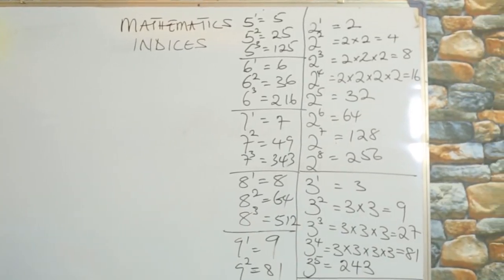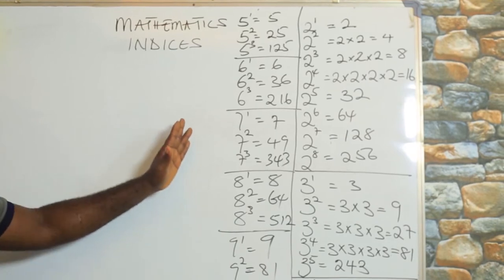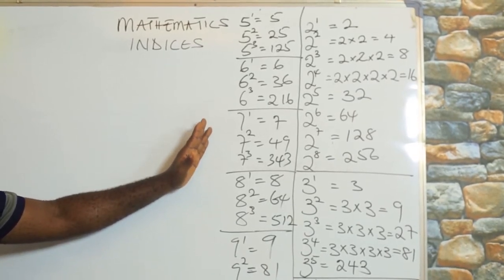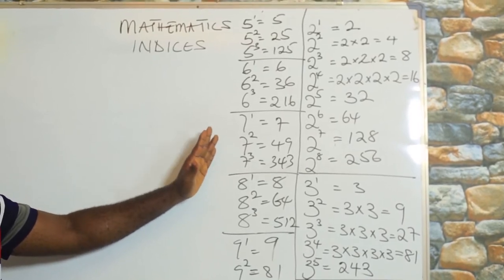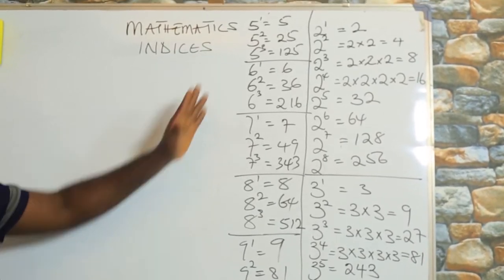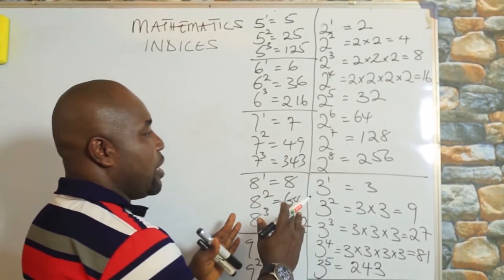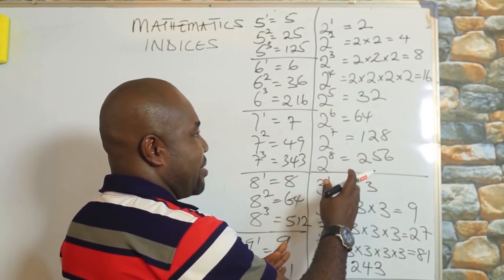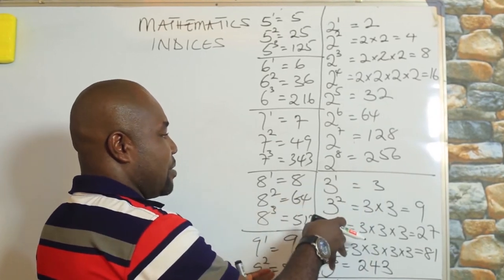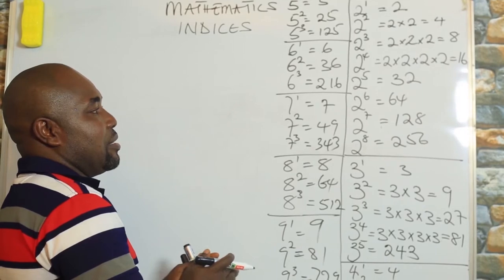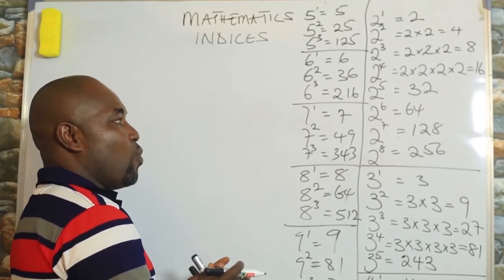Before then, I told you that I will introduce you to something that will help us understand this topic very well. If you look here, you will see that I have written down some of the indices.